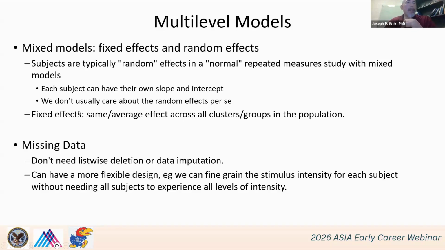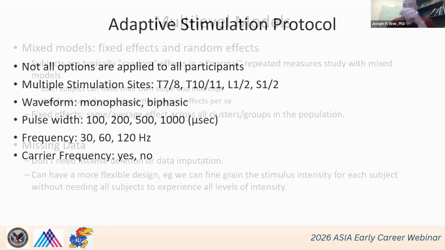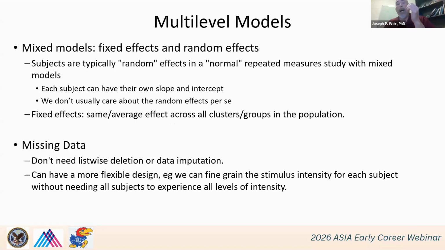I'll skip some of the other details here, but another way of thinking about fixed effects is that the effect is fixed because we're conceptualizing it as a constant or average effect across all the clusters that we're trying to quantify. So it may vary on an individual basis, but the overall or average effect of some variable like stimulus intensity, or like monophasic versus biphasic, that type of thing.